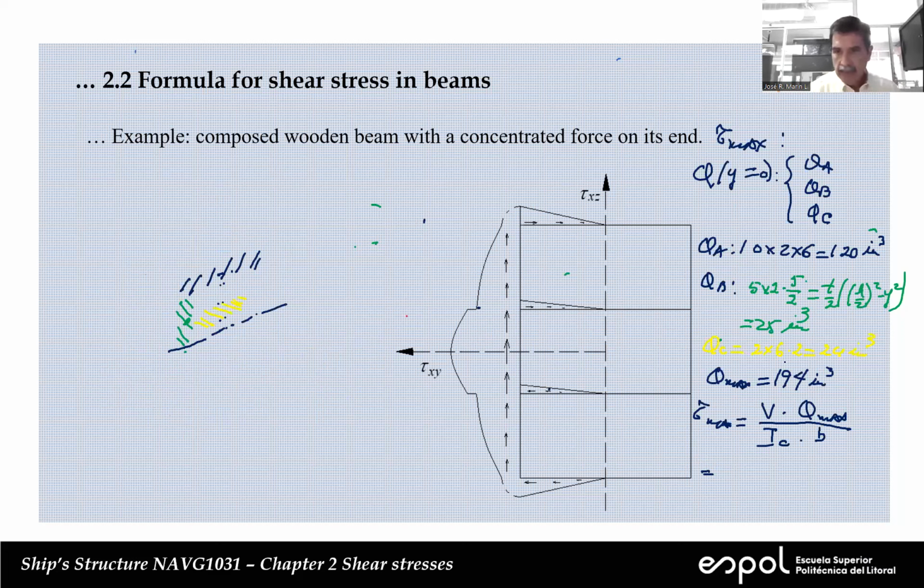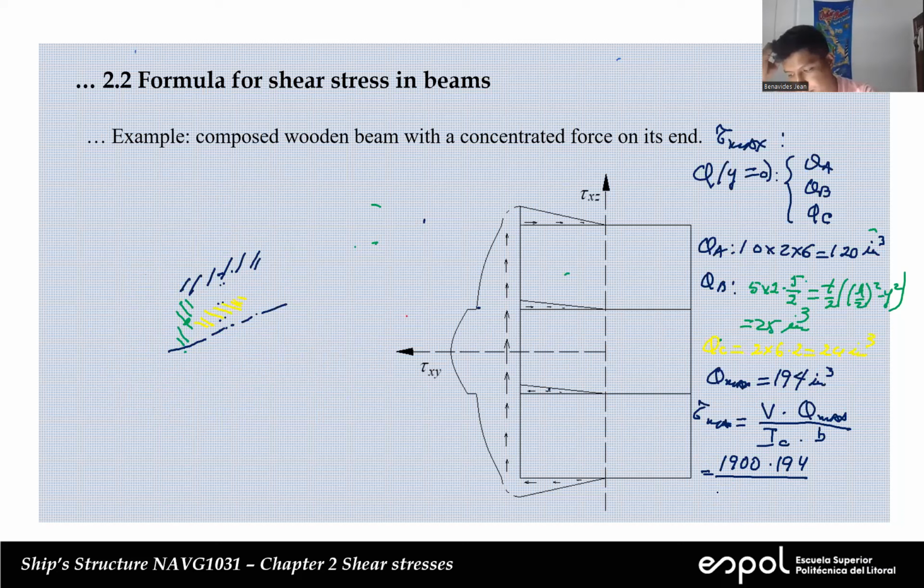That's 1900, we put it in here. We know it's going to be pounds and inches. The Q max is 194, and we divide it by the inertia, 1900, so it's the same.